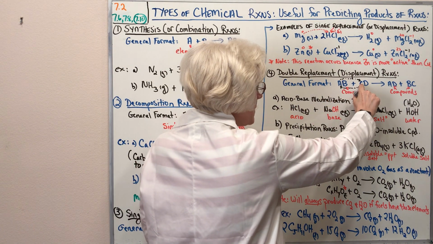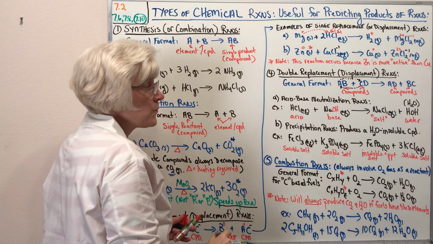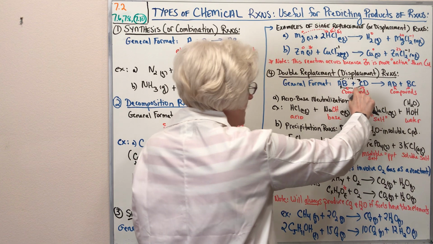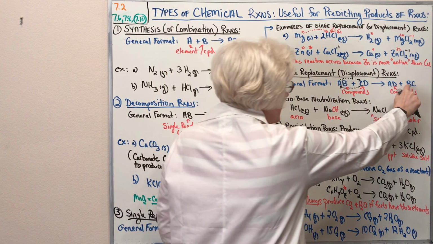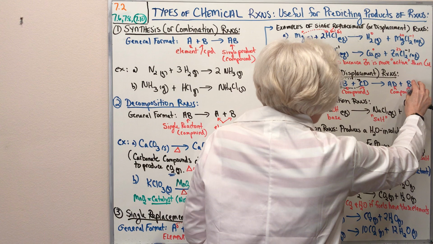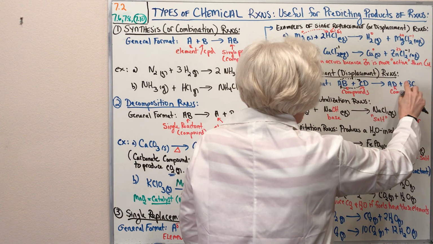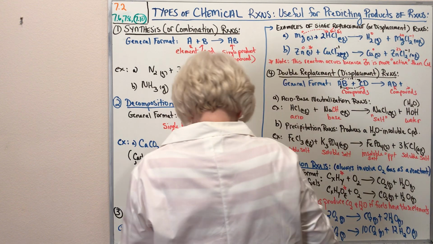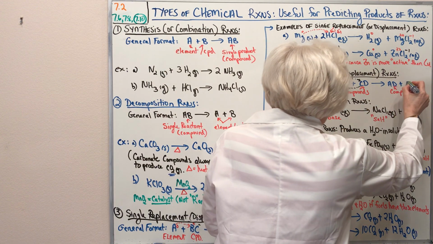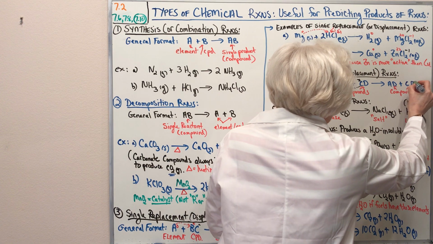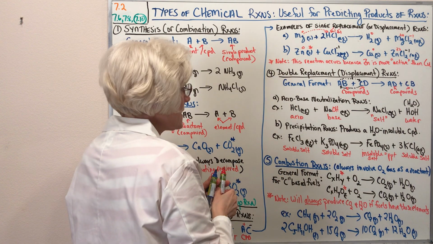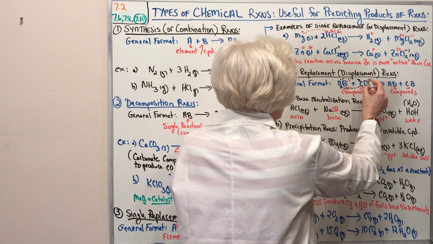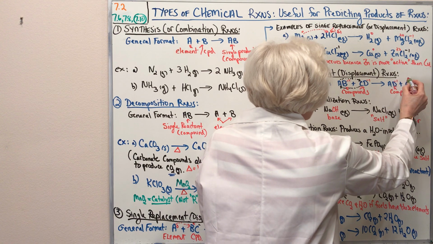A comes over, replaces C, and pairs up with D to make a new compound AD, and C replaces A to form a new compound, and let's switch that order here. I see I don't have the positive and negative parts right, to form a new compound, CB. So in this instance, the B's are partial negative and remain partial negative.